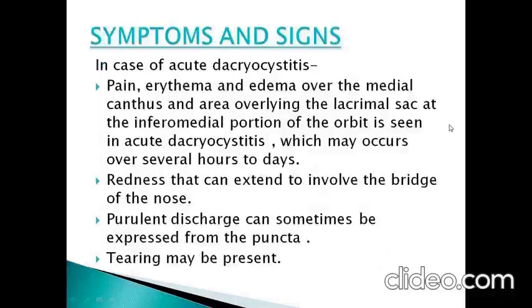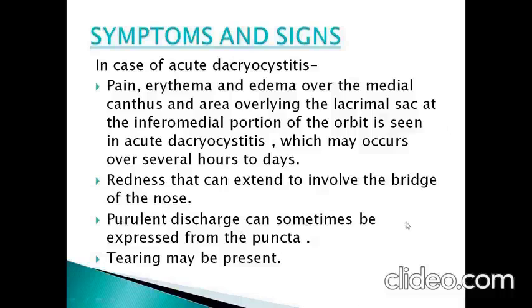Coming to the symptoms and signs, in case of acute dacryocystitis, what we find is pain, erythema, and edema over the medial canthus and the area overlying the lacrimal sac. This may span over several hours to days. There can be redness, which can involve the bridge of the nose.